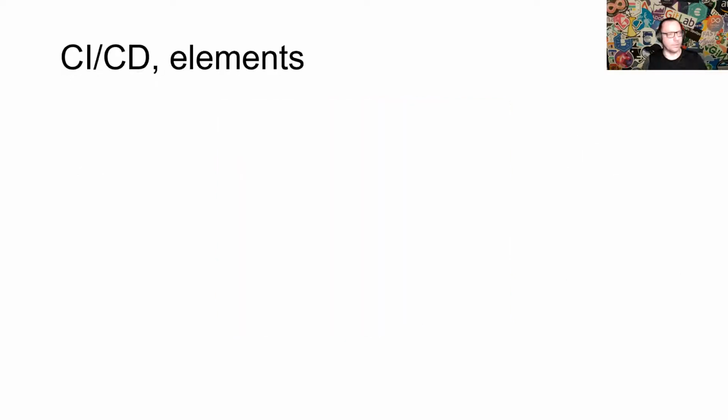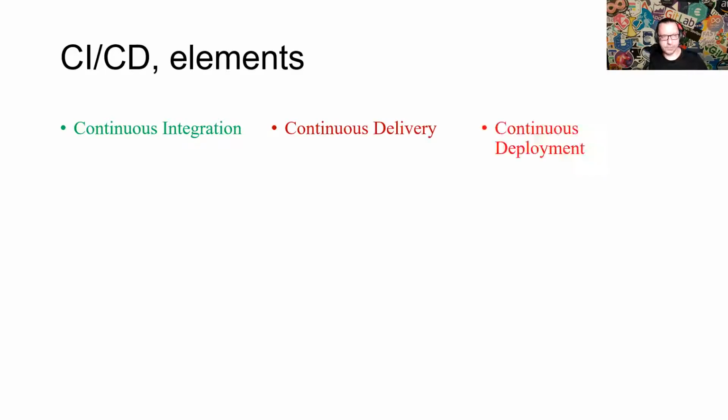So simply, we have continuous integration, CI, and we have continuous delivery as one of the CDs, and the second CD is continuous deployment. What can we define in all of them? Continuous integration is the first part of your automated CI/CD process.